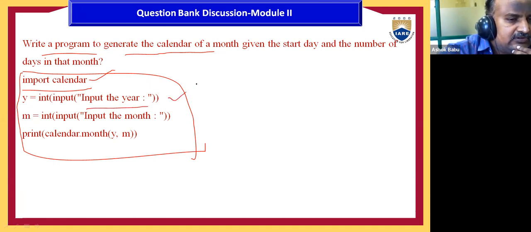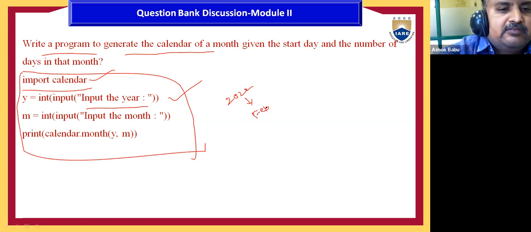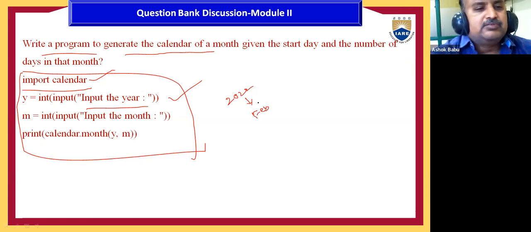We need to give which year we need to print. Then m is another variable, for the month: m equal to input the month. Suppose I need to print the calendar of the year 2022 and February month. For that we need to give the inputs.